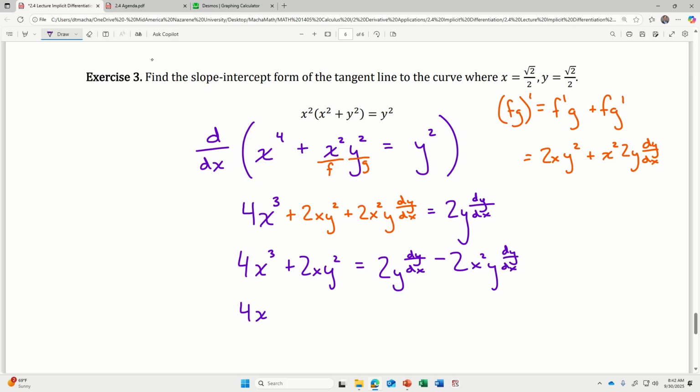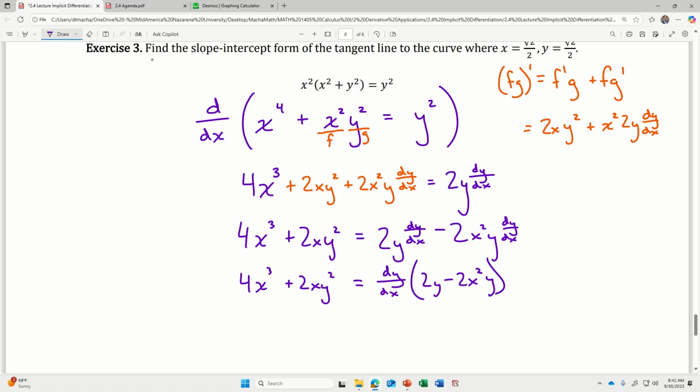And then we're going to factor out the dy dx. And we're left with 2y minus 2x squared y. And then we just divide everything by that parentheses factor.